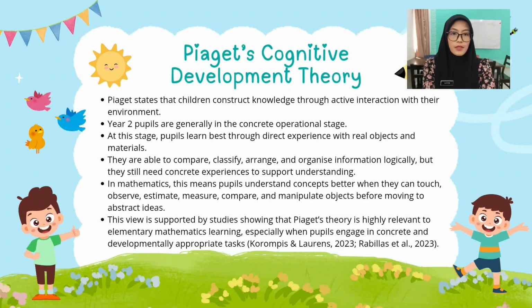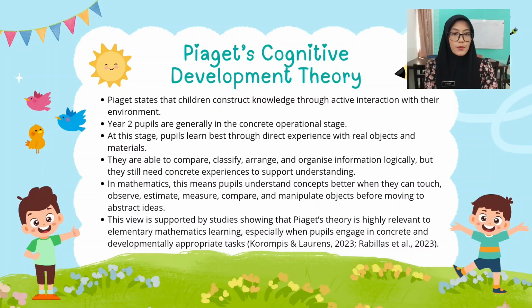The next slide is about Piaget's cognitive development theory. This theory states that children construct knowledge through active interaction with their environment. This means pupils learn more effectively when they are actively engaged in learning activities. Year 2 pupils are generally in the concrete operational stage. At this stage, pupils begin to develop logical thinking but still require concrete materials to support their understanding.